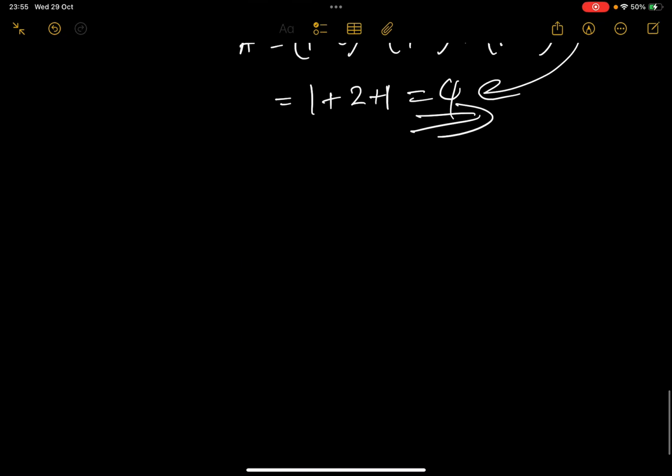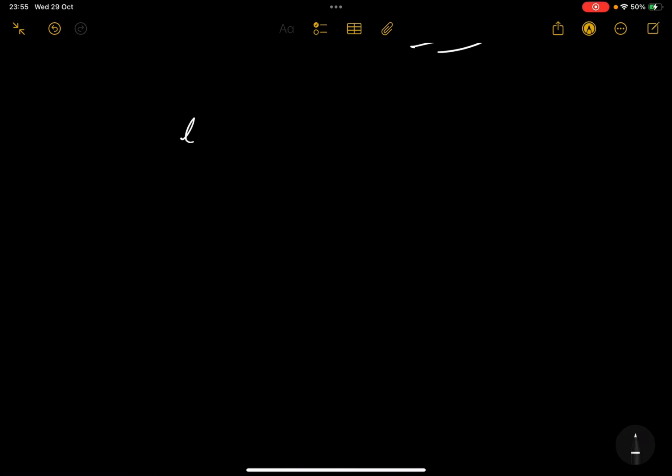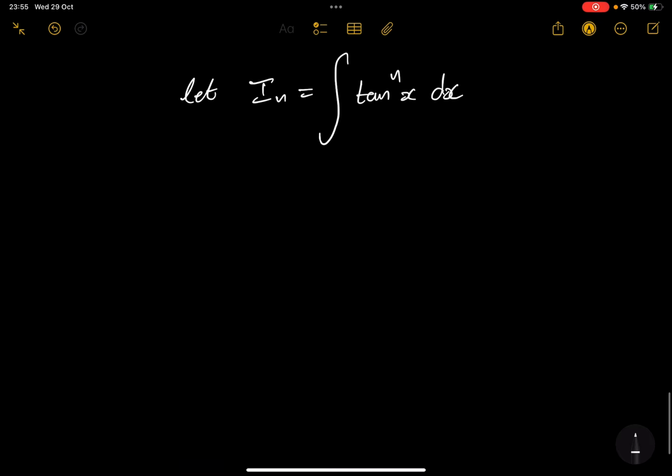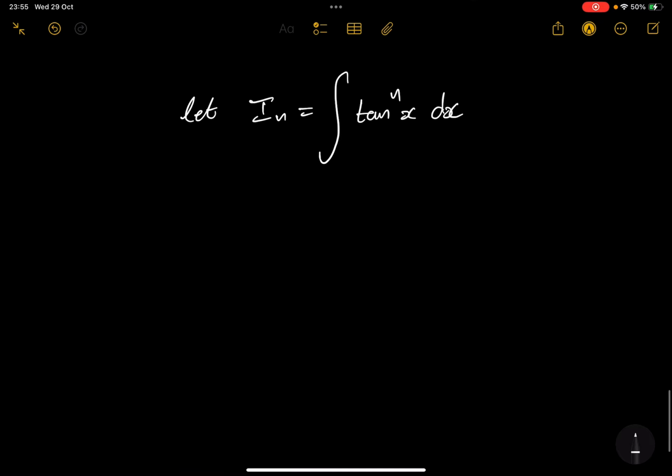So for this one, let I_n be equal to the integral of tan^n x dx. Here we can also split this, and we are going to split this as tan^(n-2) x tan squared x dx.